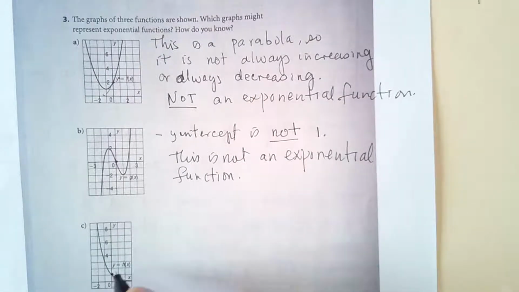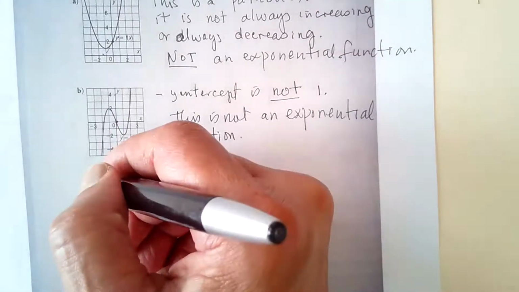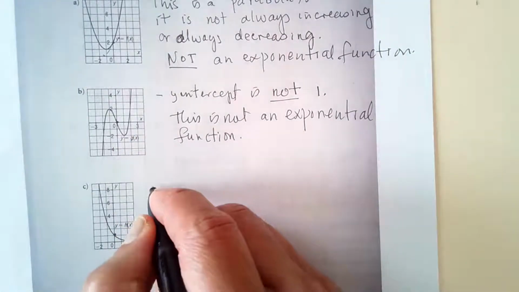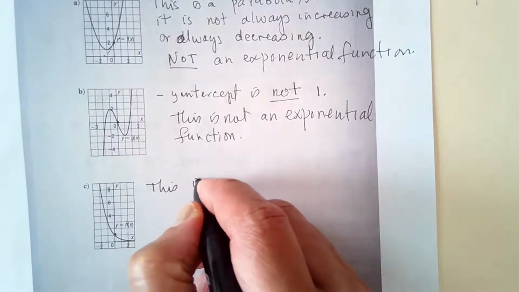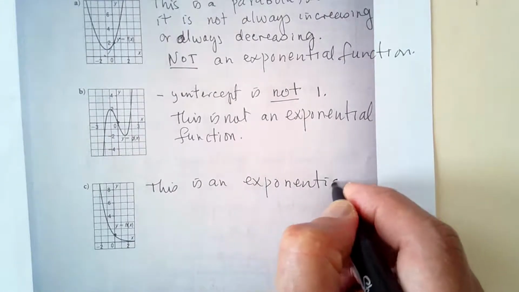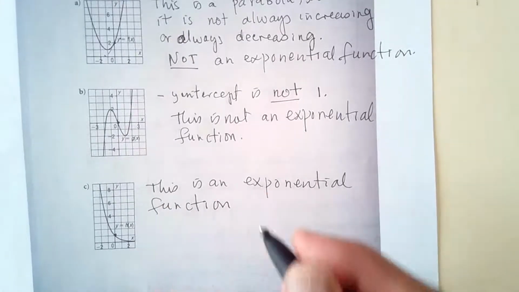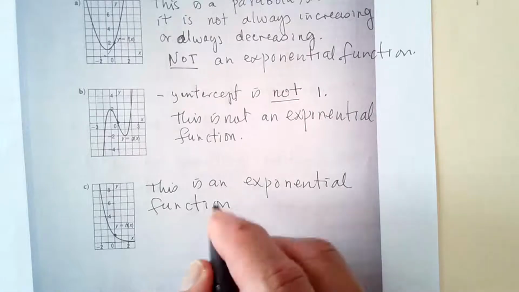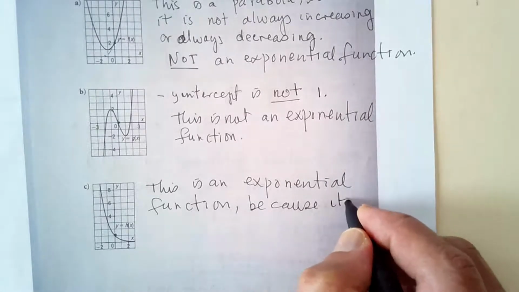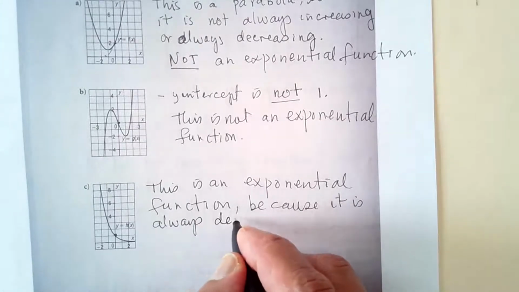The y-intercept for the next one is 1. And notice its graph is constantly decreasing. So this is an exponential function because it is always decreasing.